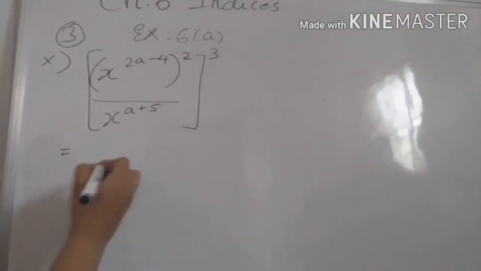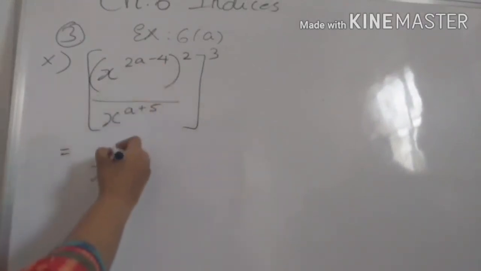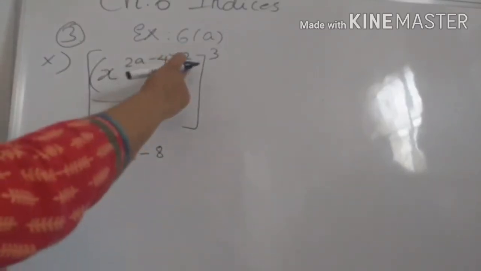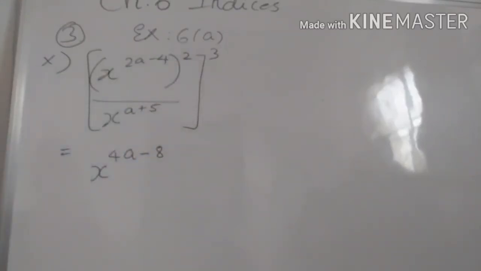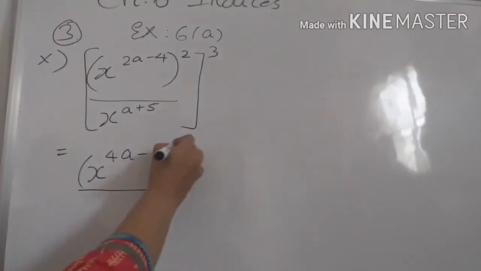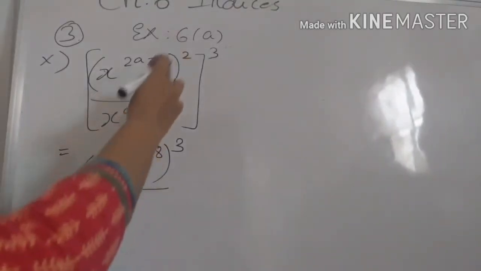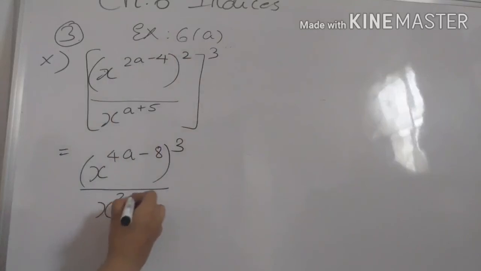So here x raised to 2 2s are 4a minus 4 2s are 8. So this 2 I have multiplied inside first. Then this cube is already there outside. And this 3 is also with the denominator, so I multiply this 3 here. So 3a plus 5 3s are 15.